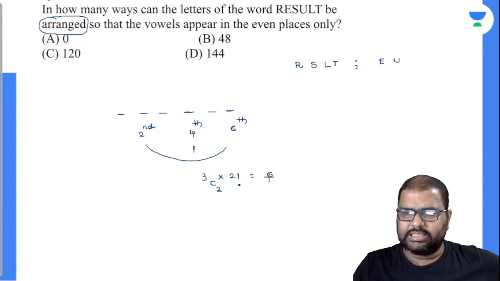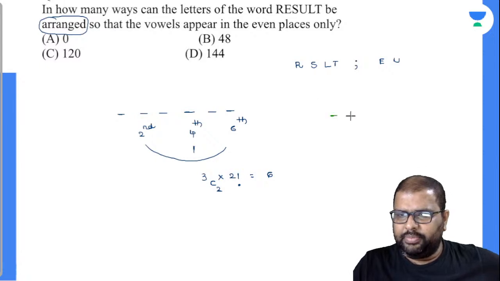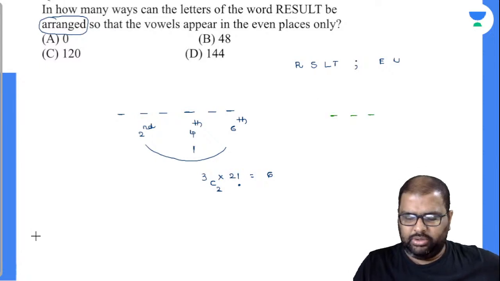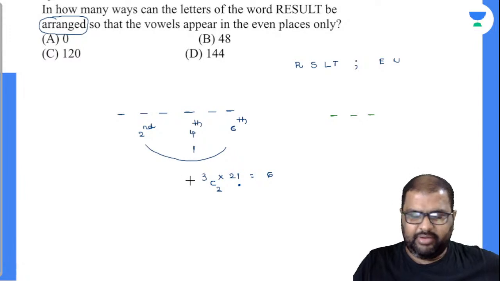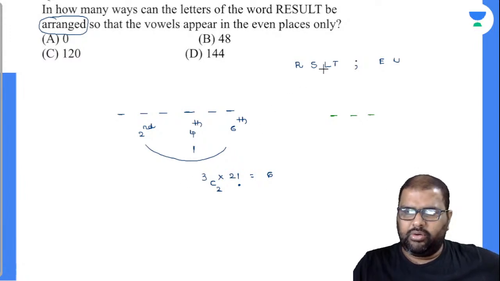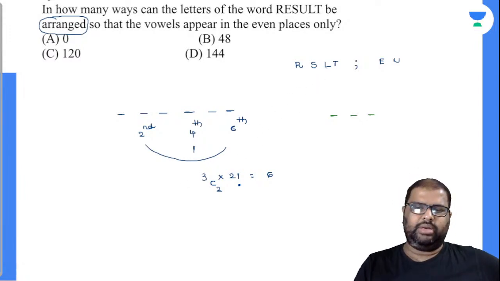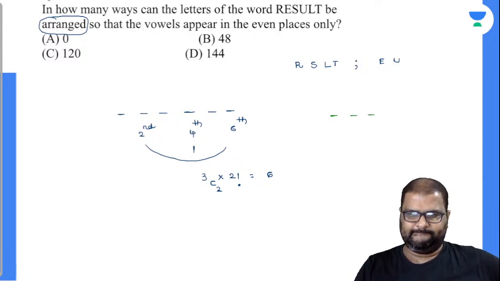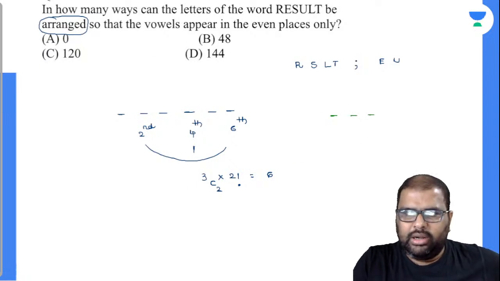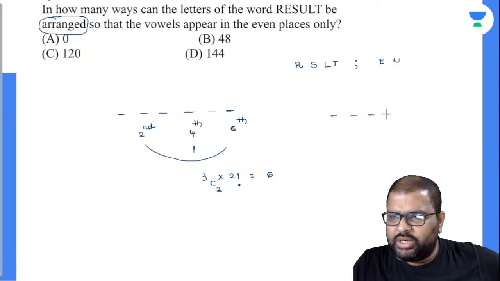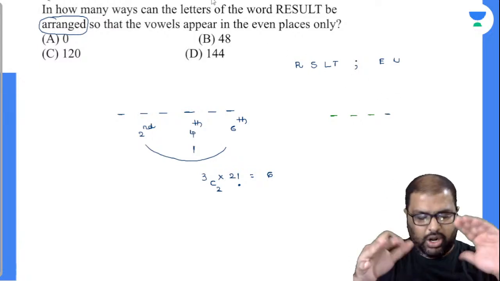3C2 into 2 factorial is how much? 3 2s are 6. Coming to odd positions, how many odd positions are there? 1, 2, 3. Out of 6, 4 alphabets are left over. Am I right or wrong? Please let me know, yes or no. So one vowel position is also left over, and there is no such condition for odd positions.